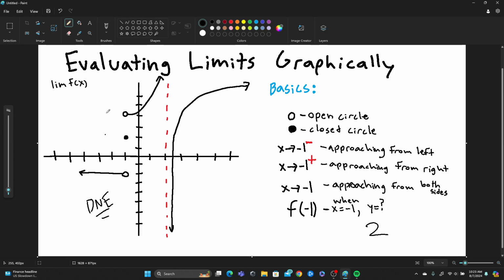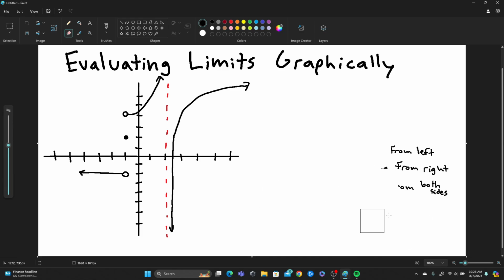Okay, so next we can look at some more examples that have to do with this asymptote, this red asymptote at x equals 2.